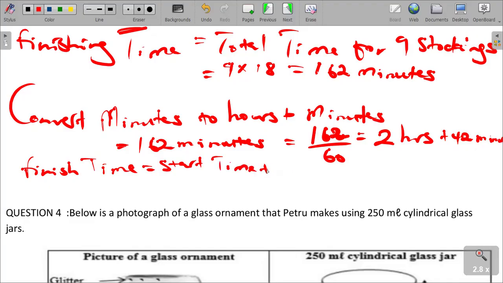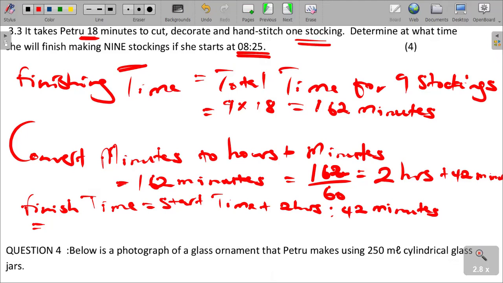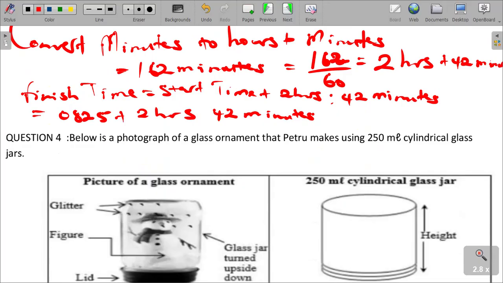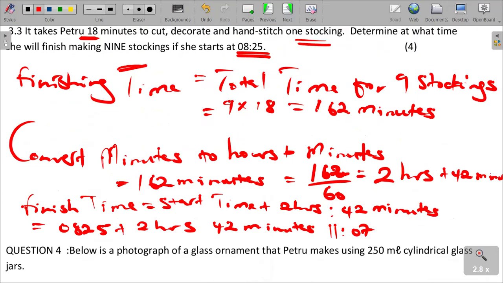We are told here that the start time is 0825, which is equal to 0825 plus 2 hours 42 minutes. This is going to give us 11:07.